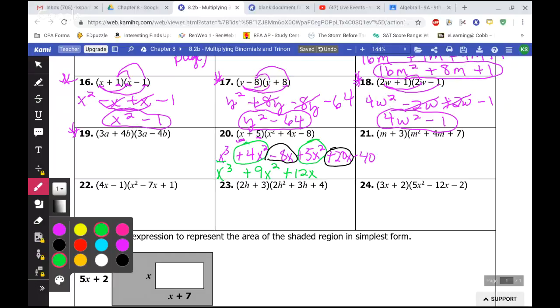That was the six terms. And now we have left just a negative 40 all by itself. So my final answer for this one is x cubed plus 9x squared plus 12x minus 40.